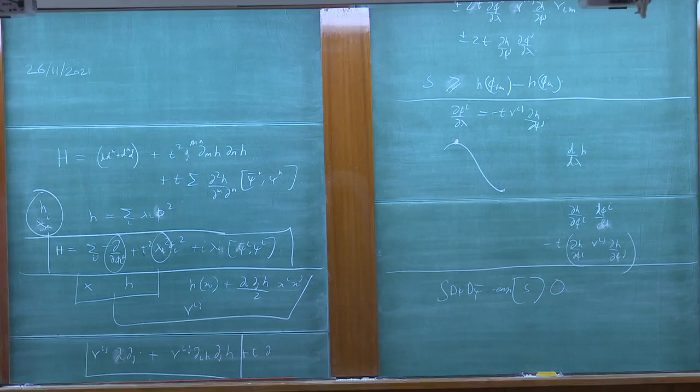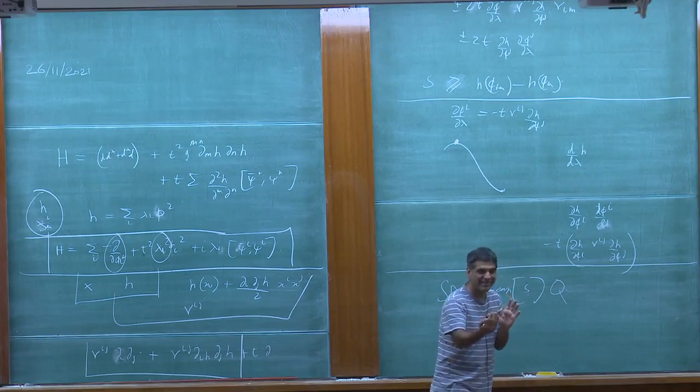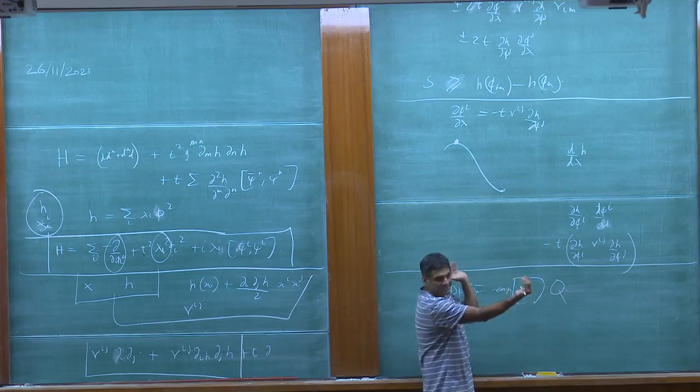But you need some insertion with an operator which has one fermion. But there's a beautiful such insertion which has one fermion, namely the supersymmetry operators. So if you do this with an insertion of Q, you get something non-zero.